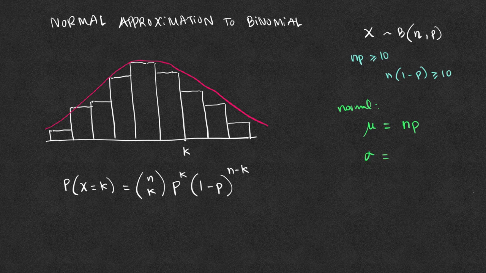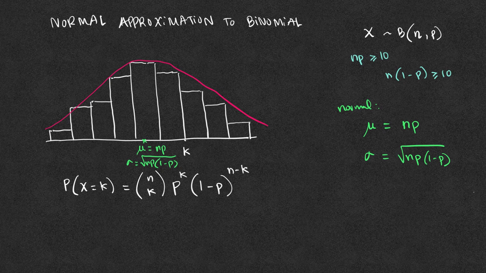The standard deviation is the square root of n times p times 1 minus p. These will be the mean and the standard deviation of this normal approximation. Remember that the mean is the number from the peak looking down.